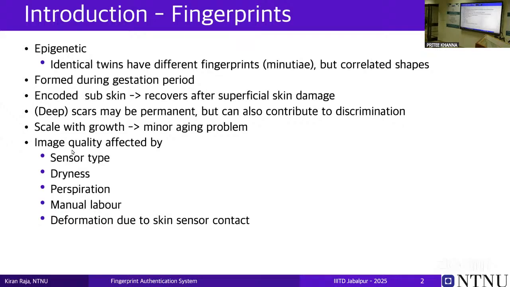Then the other classical problem with the fingerprint is deformation. What we mean by deformation is that every time I capture a fingerprint, I press my finger onto the surface. Depending on the pressure and the amount of contact I'm making, it might be very different, which means very often you have to deal with partial fingerprints.